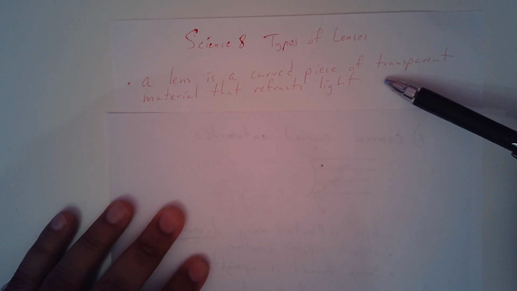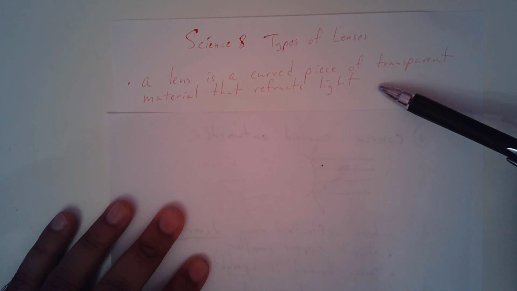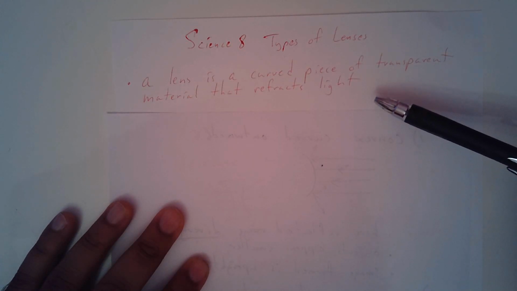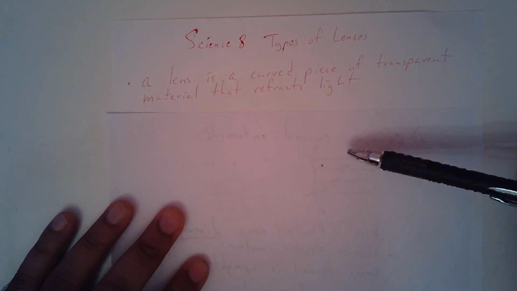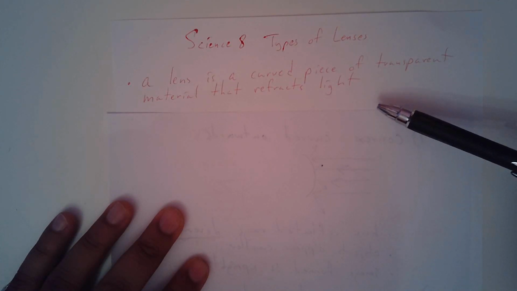Transparent. Remember, there's 3 behaviors that light exhibits when it hits something. It depends on whether the material it's going through is transparent, translucent, or opaque. Opaque means that it's not able to penetrate, like a tin can. The light can't go through it.